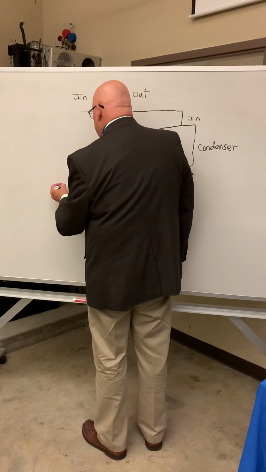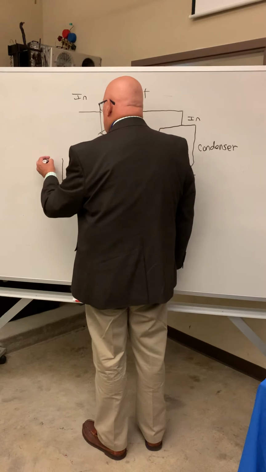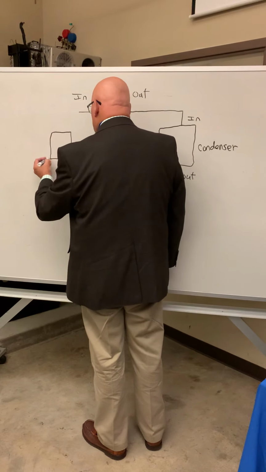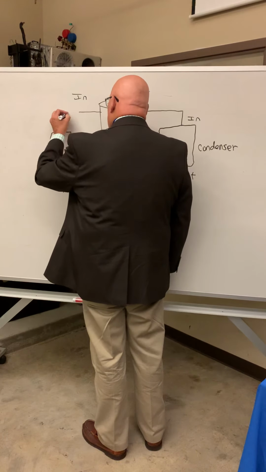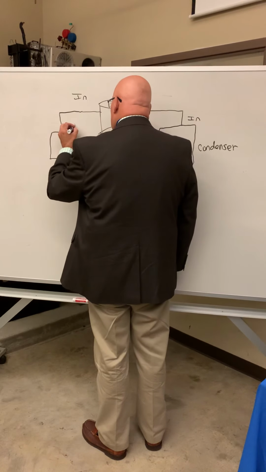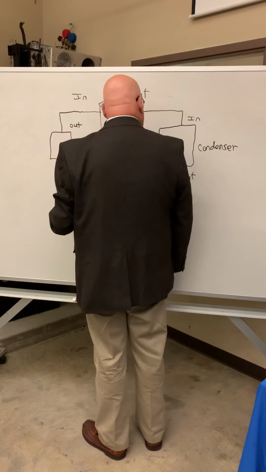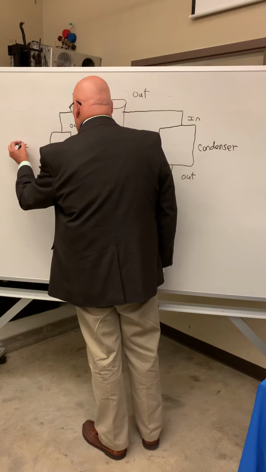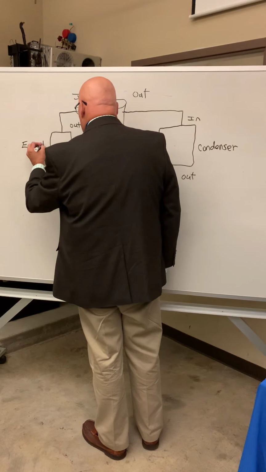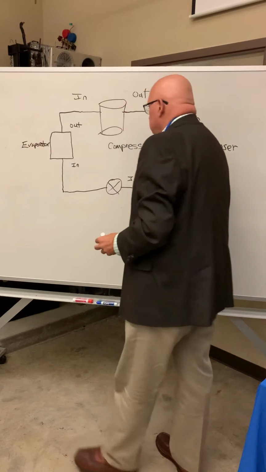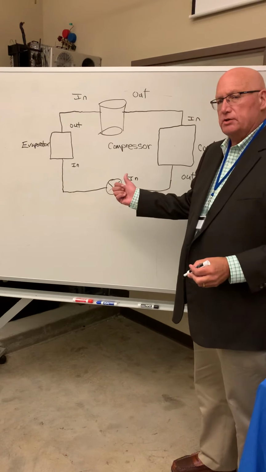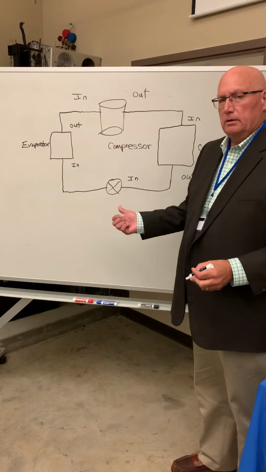So it's shown as a box again, normally a typically smaller object than a condenser. And it has refrigerant in, refrigerant out. And this is the evaporator. These are my 4 components of that mechanical refrigeration system joined together with their pipes.